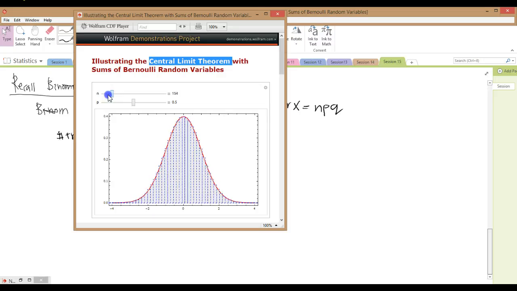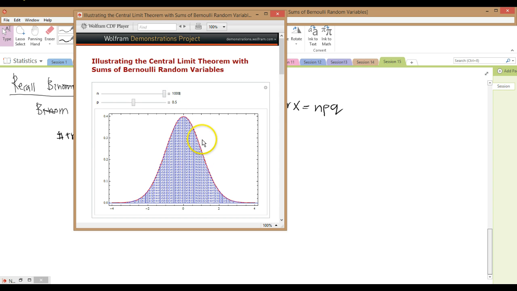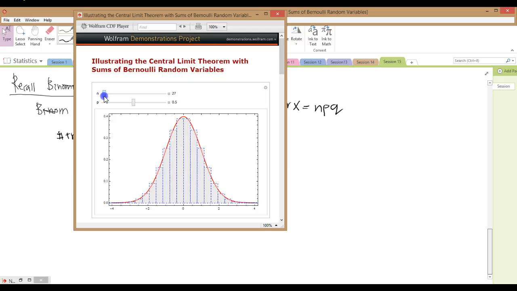And if you increase it, I'm going to 200 right now, and if you bring it up to 1000, this is the normal distribution, right? So we do use normal distribution to approximate the value for binomial, right?